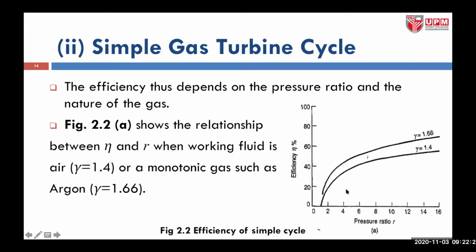So it depends on the situation. Let's say it is air, you will use gamma 1.4. And we can see here that at a higher pressure ratio the efficiency is increasing, for both the air as well as the monatomic gas.